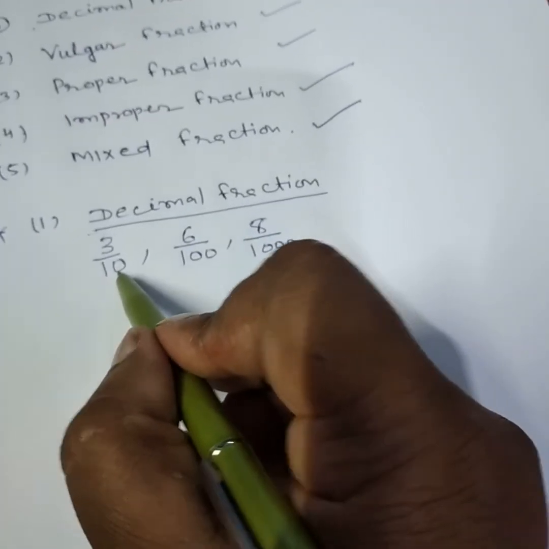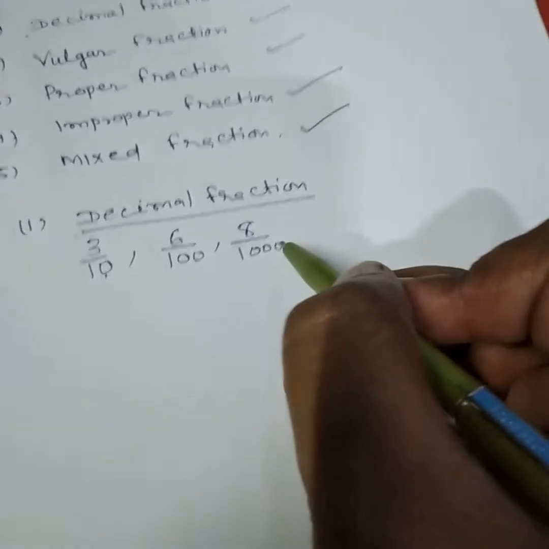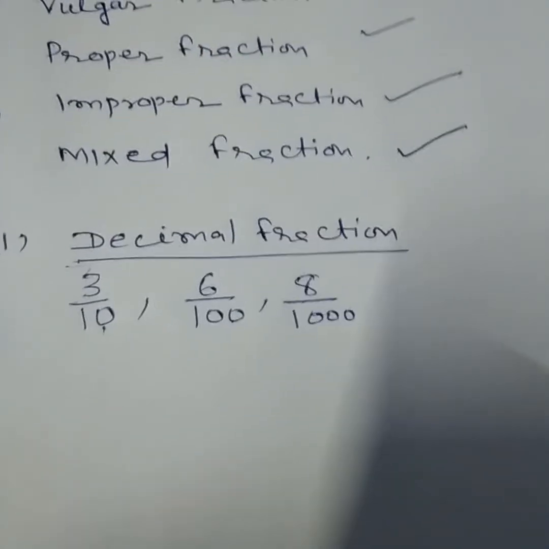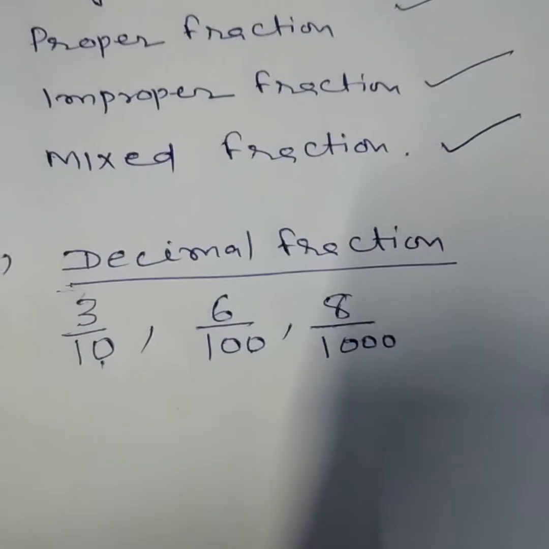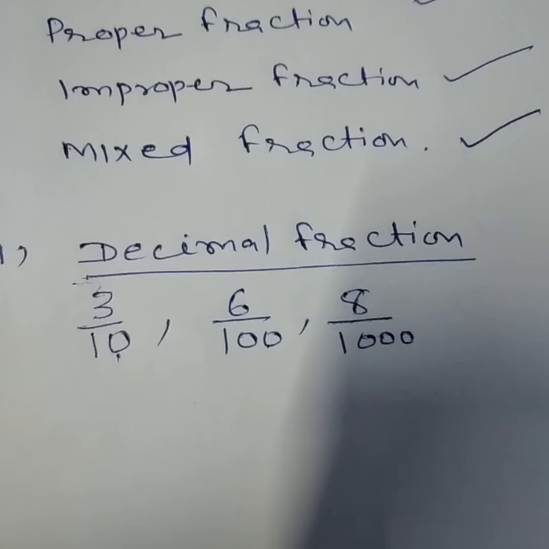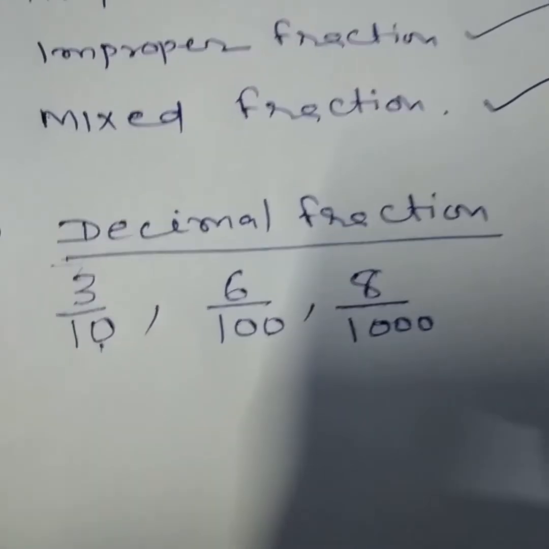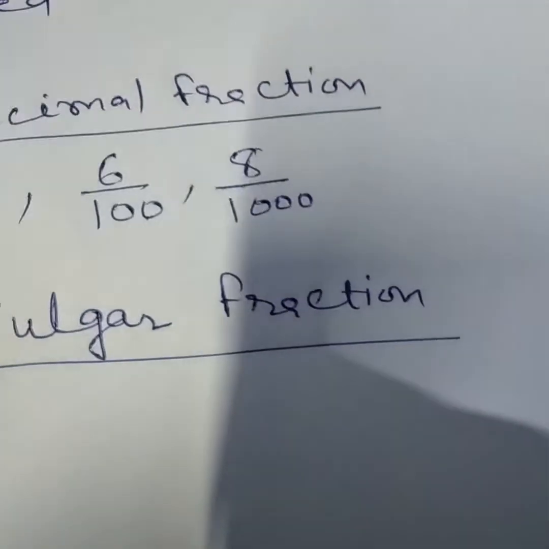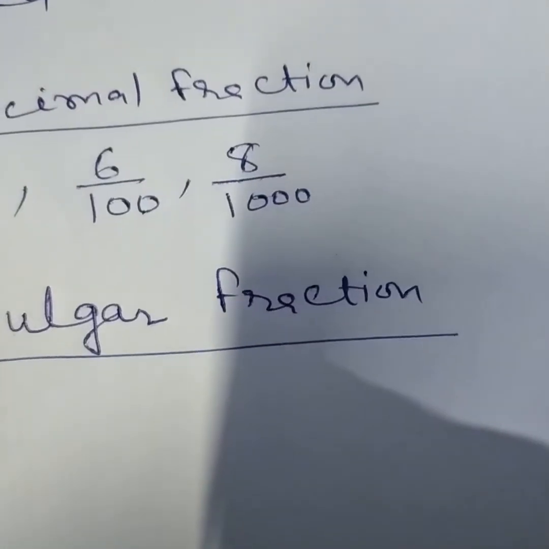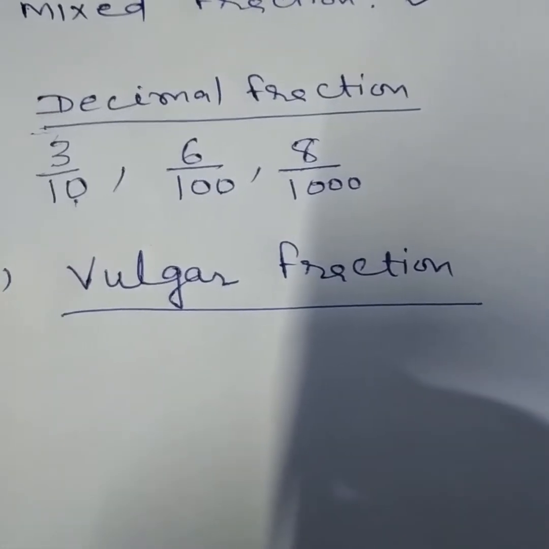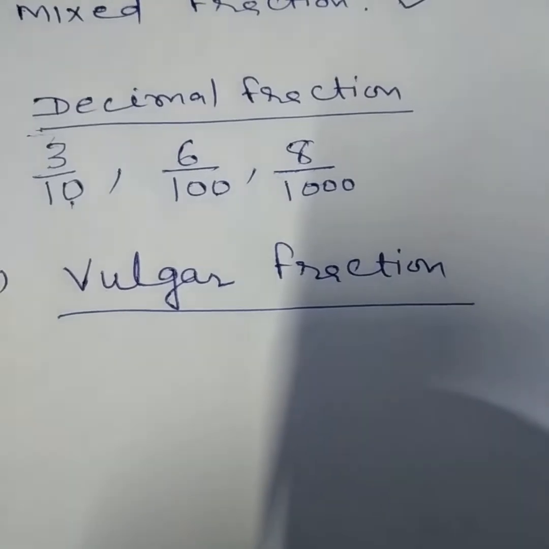If the denominator is 10, 100, 1000, a combination of 0 with 1, this type of fraction is called a decimal fraction.